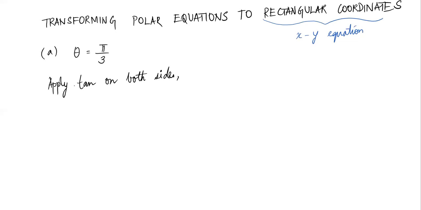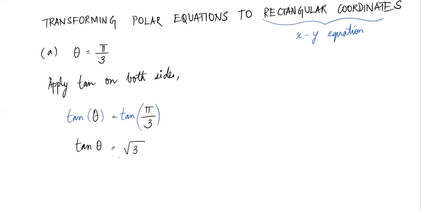Let me just show you in colors. We're applying tan on both sides. So tan theta on the left, remember our focus was to use tan theta, so that's why we applied tan. Tan pi over 3 gives you a specific answer, which is √3.